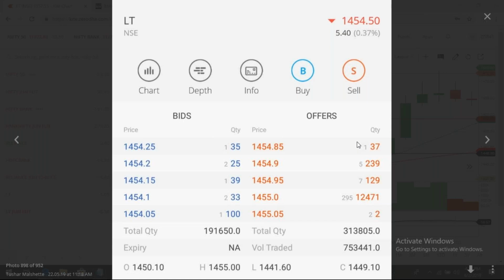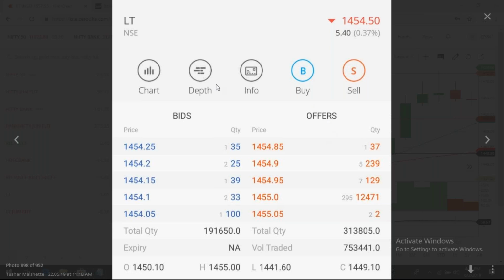You will get minimum 1% return within 5 minutes when you see this much quantity on a particular side, on the offer side.